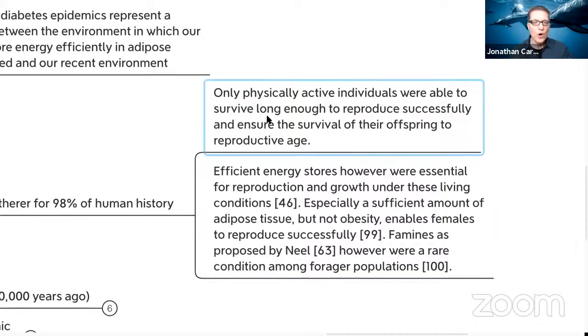Those that were more physically active were able to procure food and had a survival advantage. So in addition to these periods of storing fat tissue, we also probably had selection of people who were more physically active, which basically means that we have in our genetics this requirement that we are meant in some way to be physically active, to be able to reproduce.